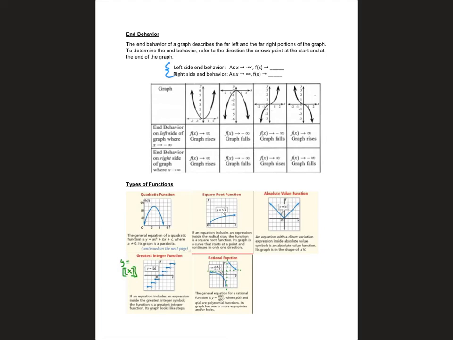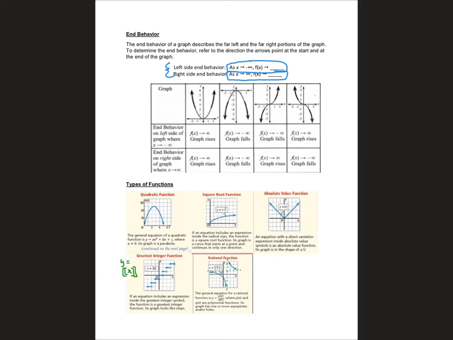This first statement says for looking at the left end behavior of our graph, we're going to write it as x approaches -infinity. My function f of x is approaching, and that's where we'll take a look at where the y values are heading by looking at the arrow and which way it's pointed. And then we'll do the same thing for the very right side and look at the end behavior of that part of the graph by writing as x approaches +infinity, my function f of x approaches.